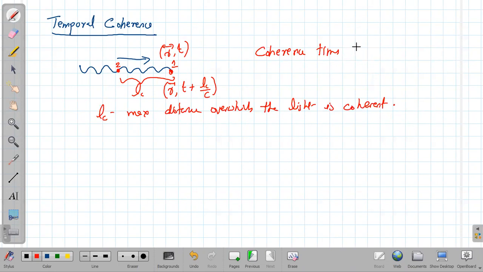So the coherence time, denoted by tau, is equal to LC by C, or the coherence length LC is equal to C times tau.